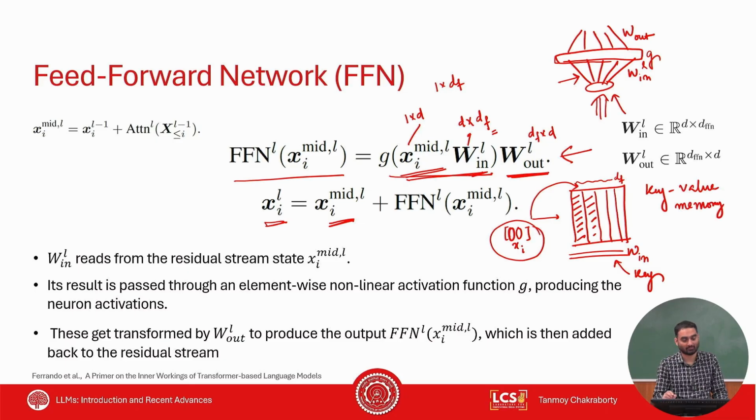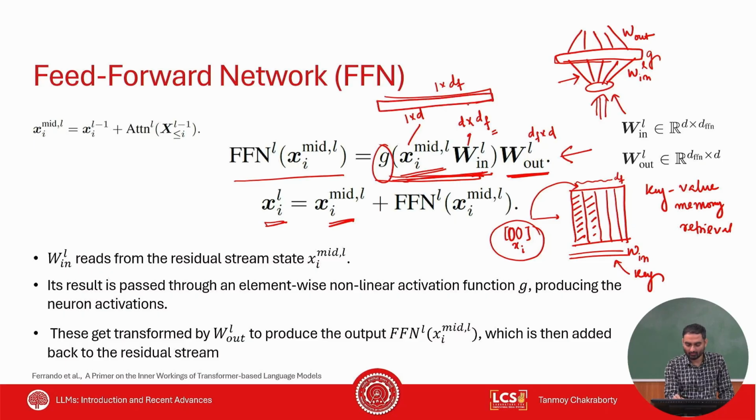I have not discussed the value so far, I have only said the key part. So we basically extract the key from W_in depending on X, and then we pass it through the nonlinearity G. When we pass it through a nonlinearity, it will produce another vector of size DF. So a pattern of size DF will be retrieved from W_in.